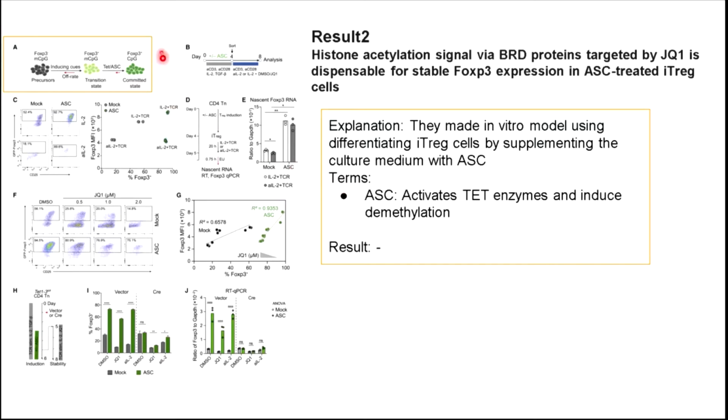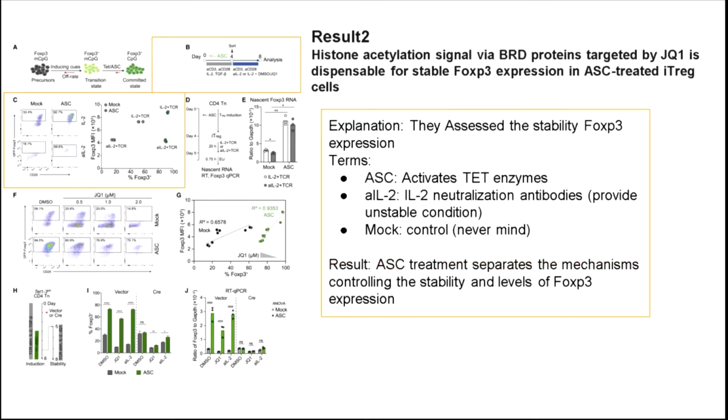This model is shown in figure A. To assess the stability of Foxp3 expression, they sorted GFP-positive iTreg cells and cultured them in media containing recombinant IL-2, aIL-2, or JQ1 together with immobilized anti-CD3 and anti-CD28 antibodies. If you just keep in mind that aIL-2 provides an unstable condition, you can understand the result more easily.